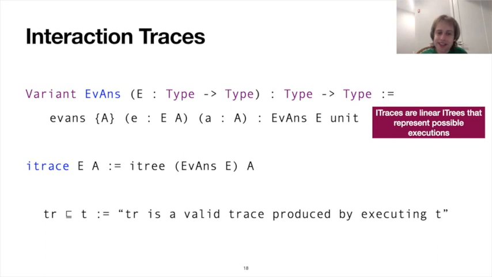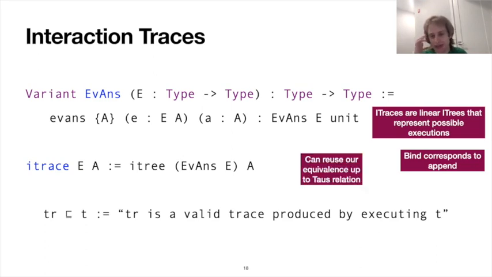And the reason we try to reuse I-trees in this way is it has a few advantages. One, it lets us reuse bind, where in this case, bind actually corresponds to a notion of appending and prepending traces.